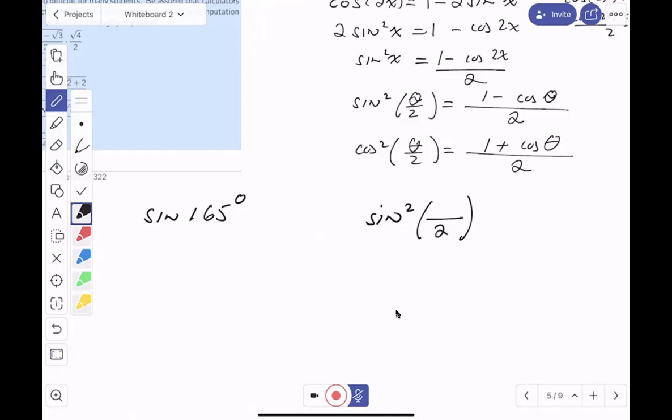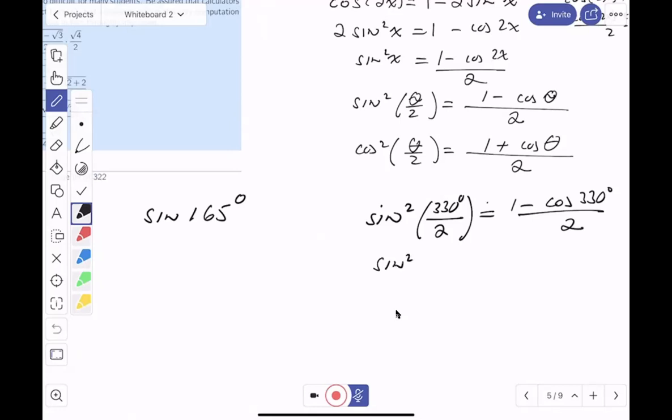That would be, let's see, 165 and 165, 330, right? That's 165. And what would that equal? 1 minus cosine, right, of 330 degrees over 2.